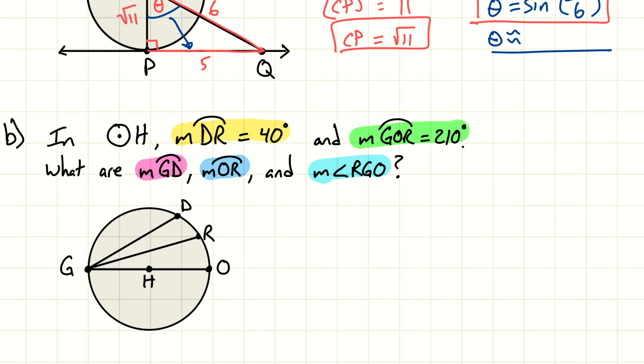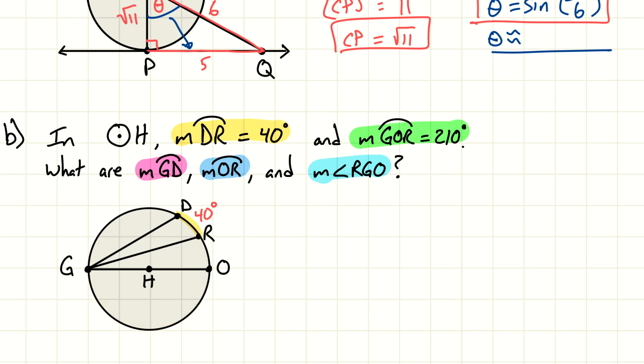So I would probably start with labeling the ones we do have. So DR we said was 40. GOR, this one's a little bit tricky. GOR starts at G, goes to O, and then to R. So we're talking about this arc here.